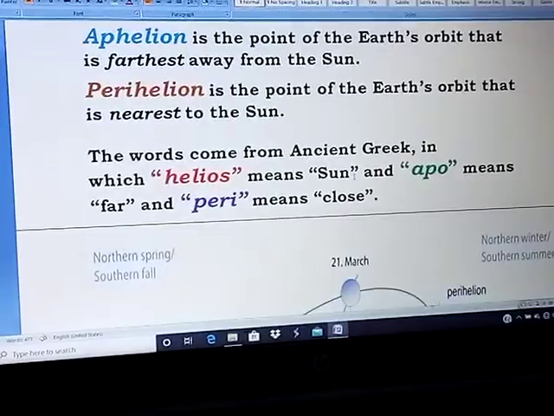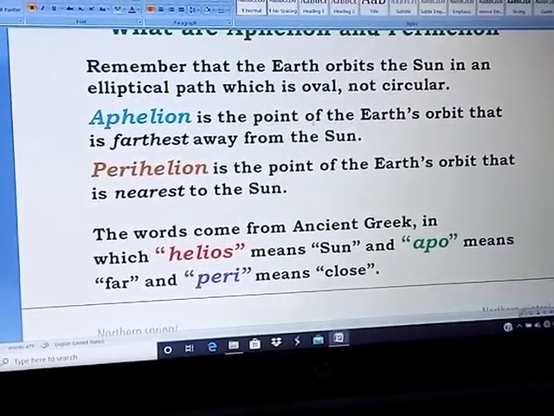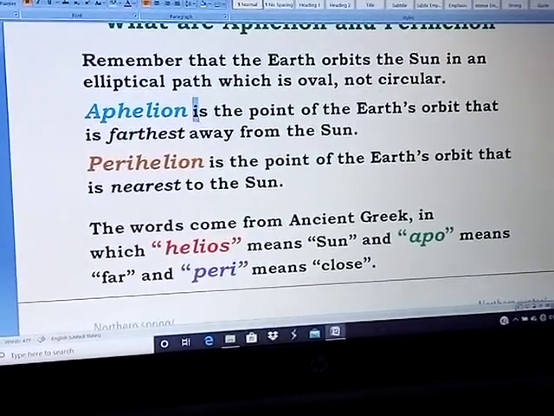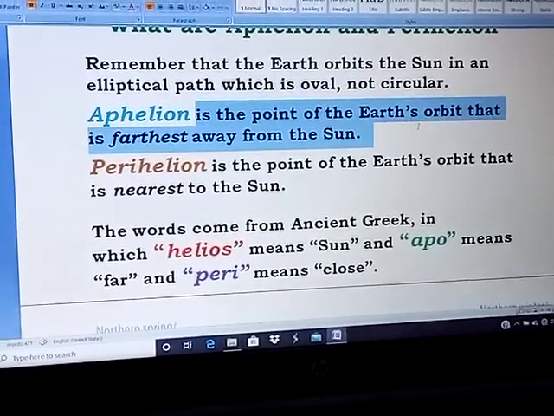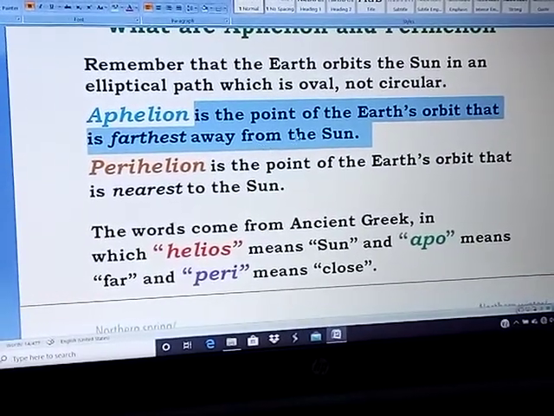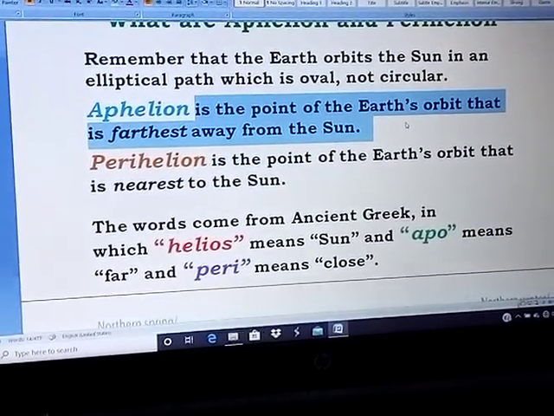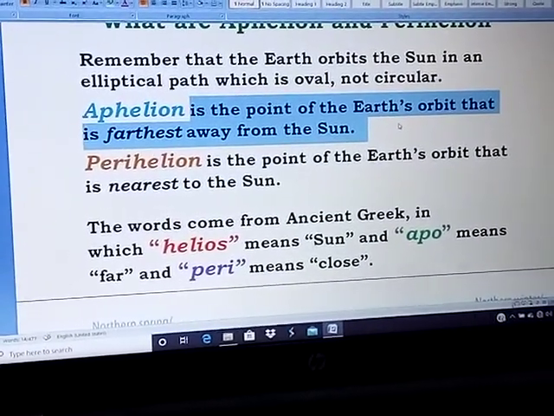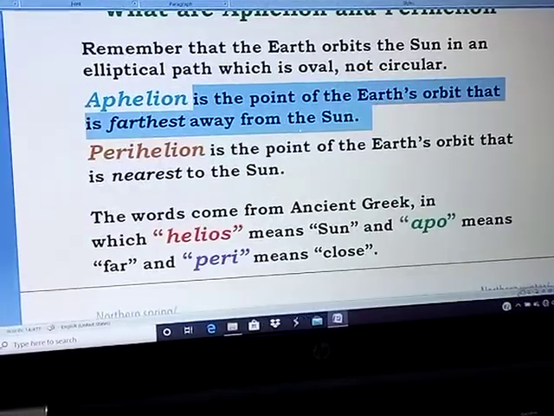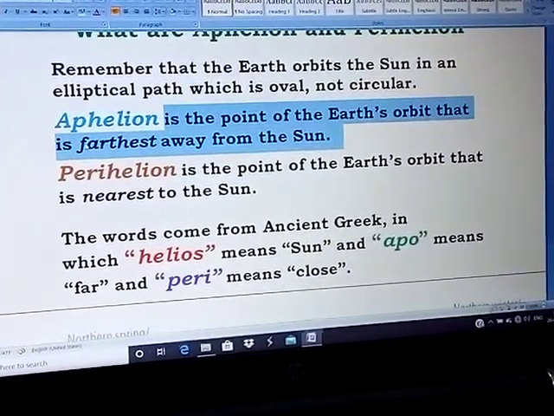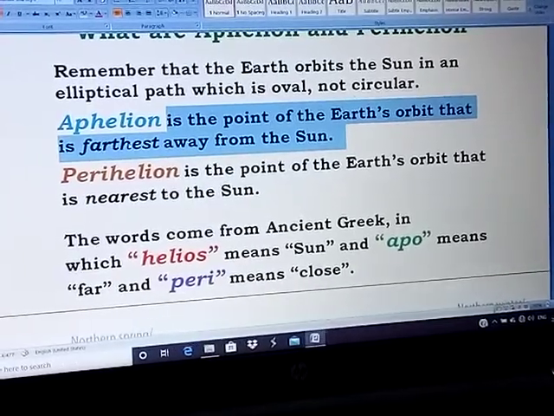Now, what are aphelion and perihelion in detail? Aphelion is the point of the Earth's orbit that is farthest away from the sun. Aphelion, away. Just to help you remember which is closer, which is far: it starts with a, so away, so far away.